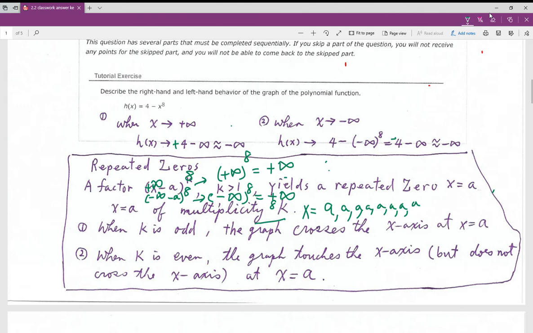So that's when k is an even number, for example 8. Okay, that's the first example here. Now when k is an odd number, let me change this k to an odd number.